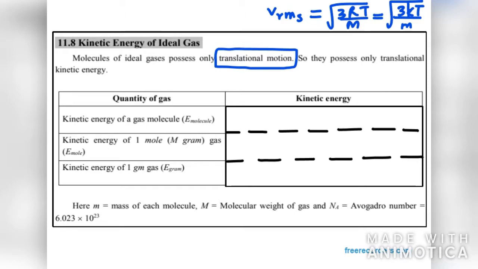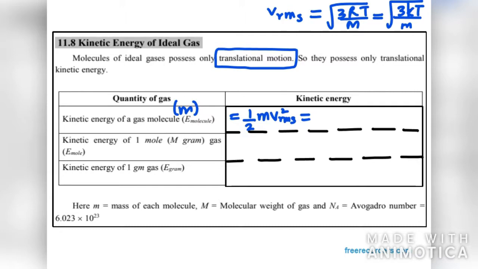Now we need to find three different quantities of gases. One is the kinetic energy of a gas molecule. So we would be only considering the single molecule. Suppose it has a mass m, small m. Now as you know, E molecule is given by half m Vrms square.